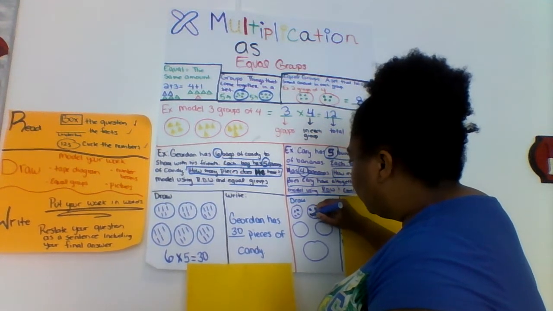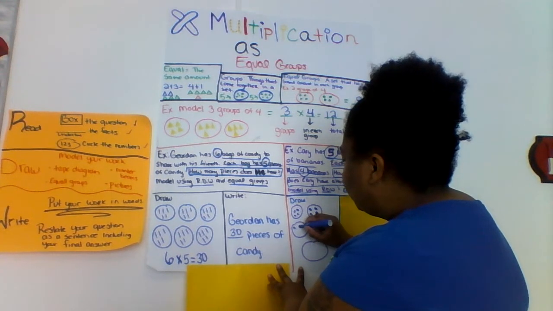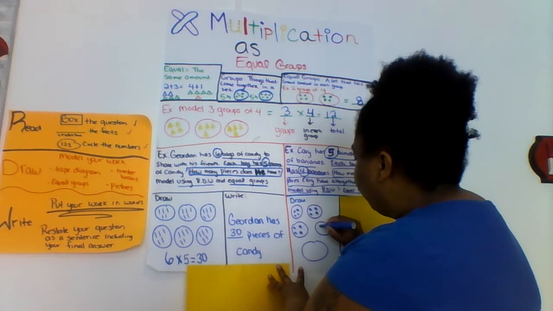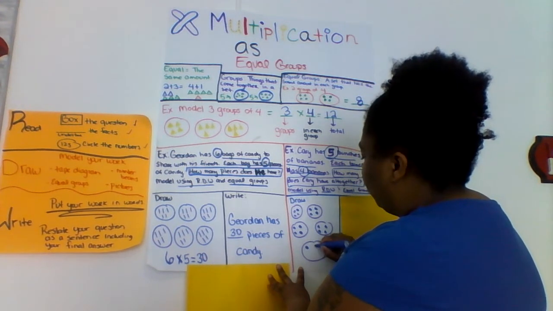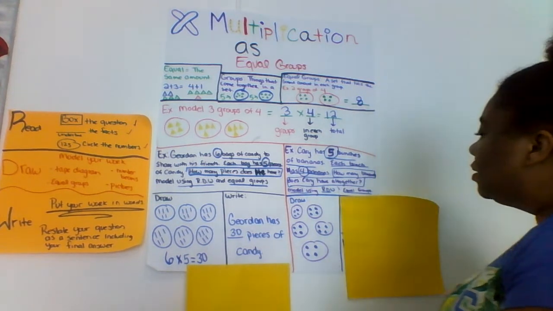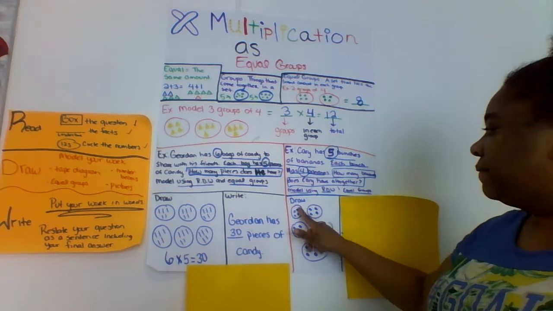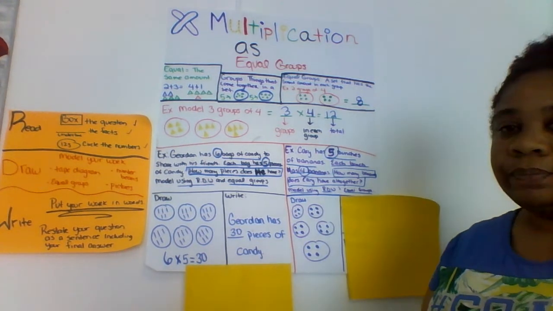Make sure you're counting. Way to go. Good job. So I have 5 groups of 4.